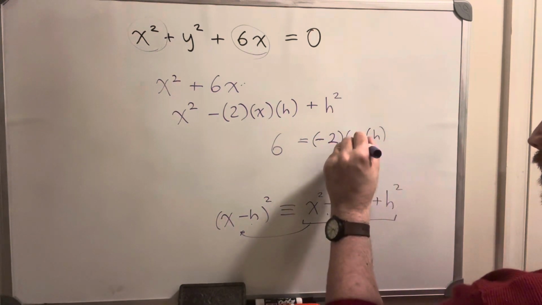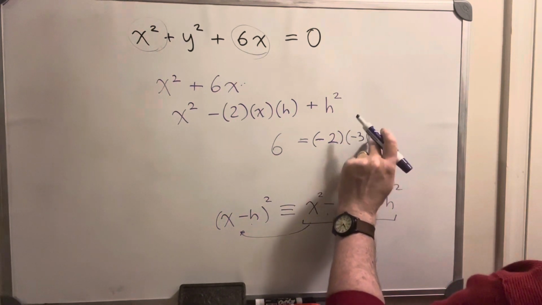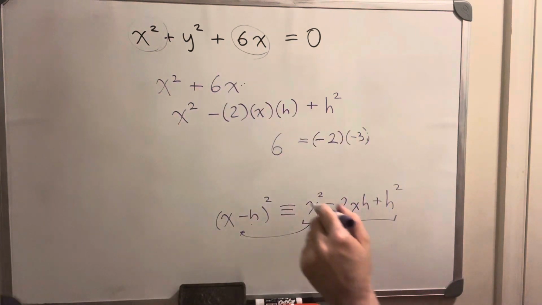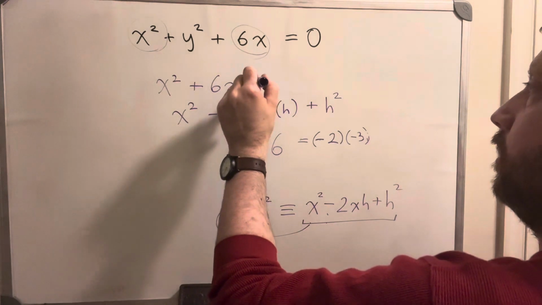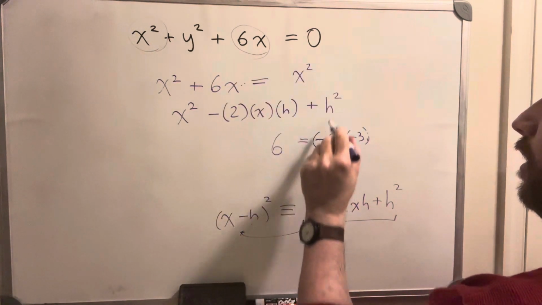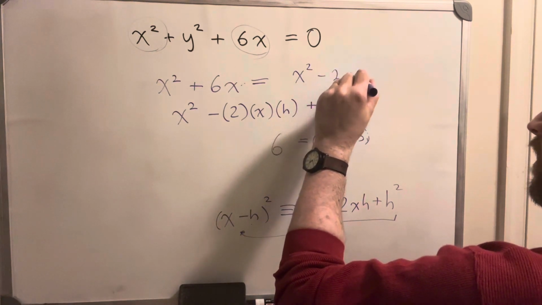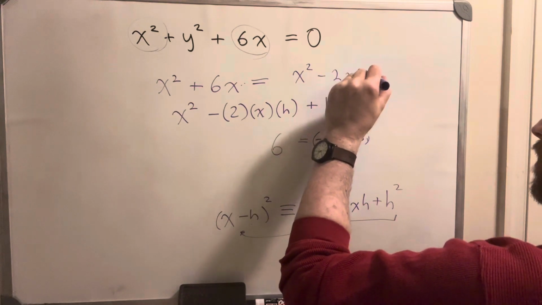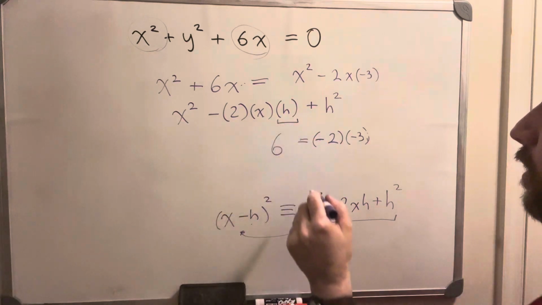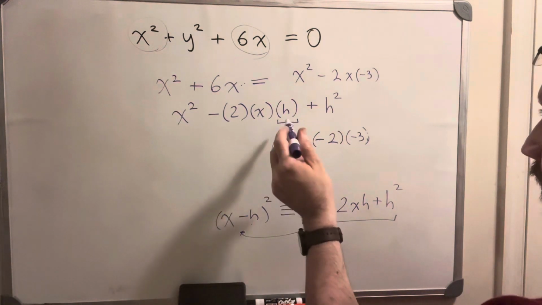Negative 3. So that means that we can rewrite this as x squared minus 2x times negative 3. And look, what does that mean h is? It means h is negative 3.